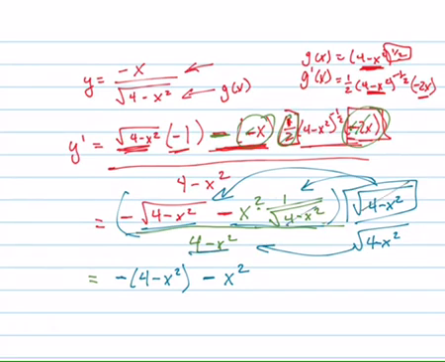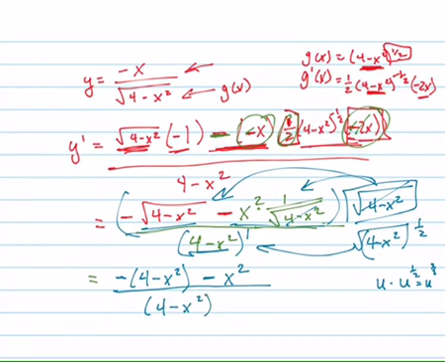And multiplying it here, remember, this is just to the 1/2 power, and that's to the first power. So if you multiply like u times u to the 1/2 power, what do you get? U to the 1.5 power, or 3/2 power. So I'm going to get on the bottom 4 minus x squared to the 3/2 power. Okay. And that's a much simpler looking problem.